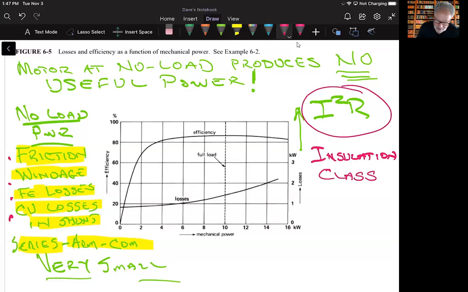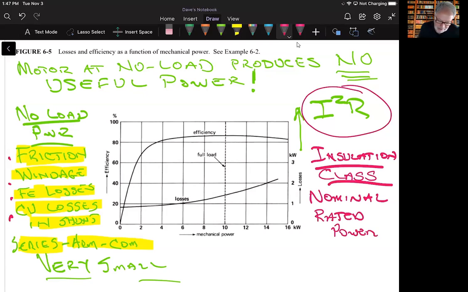This temperature limited power enables us to establish something called nominal. If you want to think about nominal, think about name, and if you want to think about name in a motor, think about nameplate. It's the rated or nominal power, and that is based on the insulation class that the motor has.